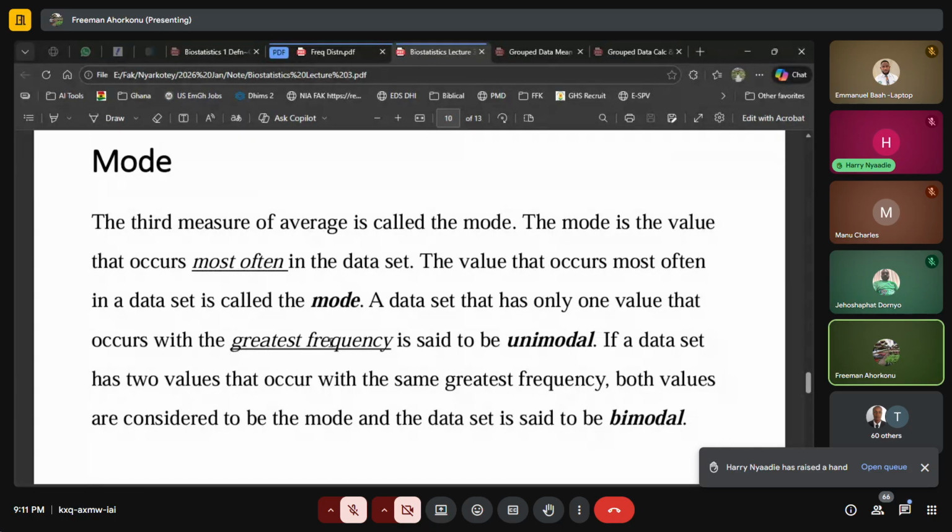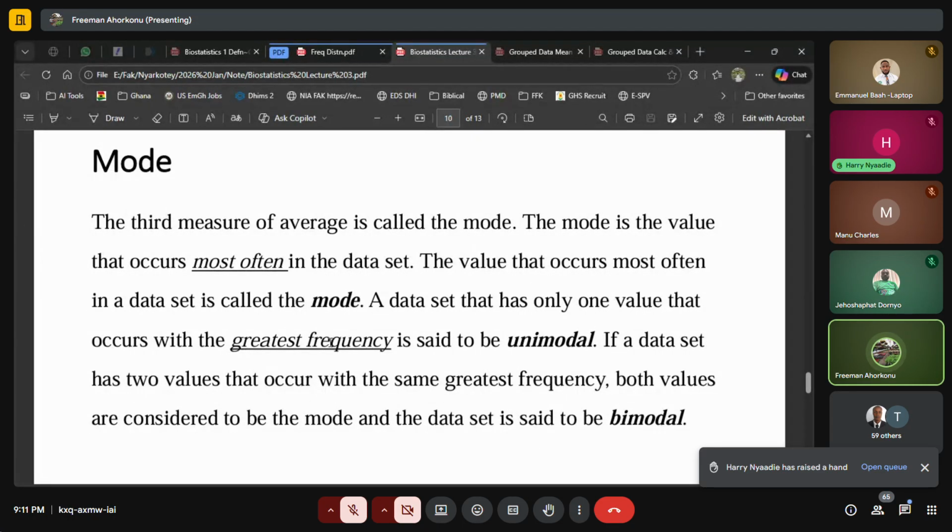You have 135 occurring several times, more than the rest. So that 135 is what we are referring to as the mode of that data set. And if it's the only number occurring highest, then we define that data set as being unimodal.